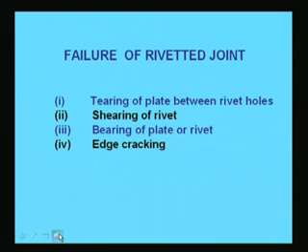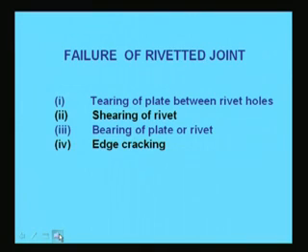Now, we will discuss the different types of failure of a rivet. Unless we know what type of failure is going to happen, we cannot calculate the strength of that rivet. Failure means what type of load is coming into the picture and in what way it is going to fail, whether because of shearing, bearing or tearing. We have to see that first, and according to that we have to find out the permissible stress because of bearing, and the allowable stress of the rivet or the plate because of shearing.